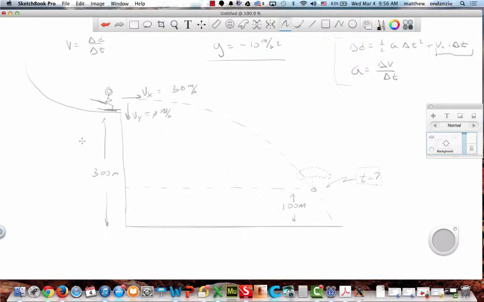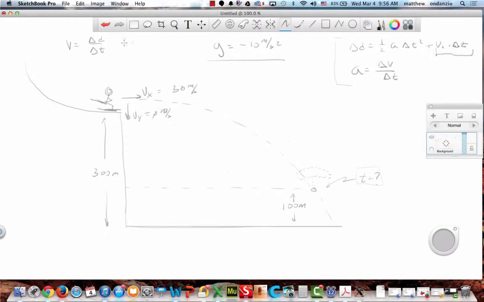The question is, for which motion do I have all the information? This is important. This is your strategy. Let's look at the horizontal constant velocity. That means I have three variables: velocity, change in distance, and change in time. I have to have at least two of those to solve for the other.